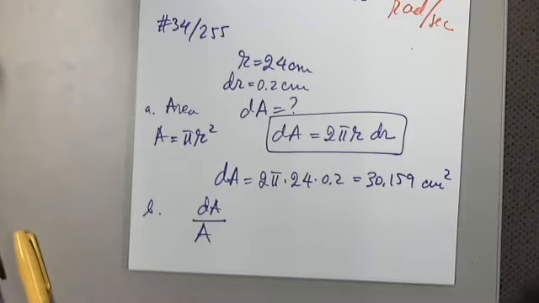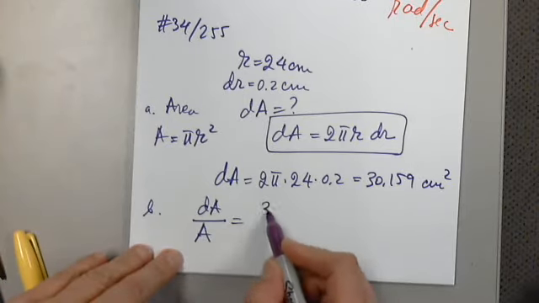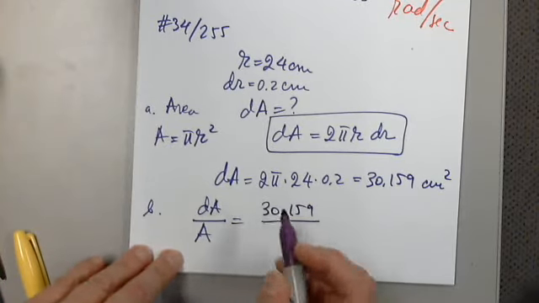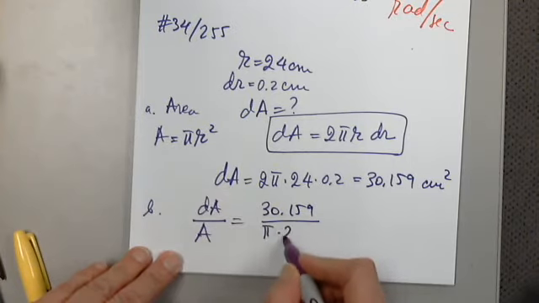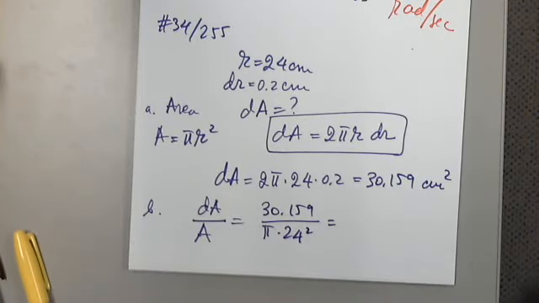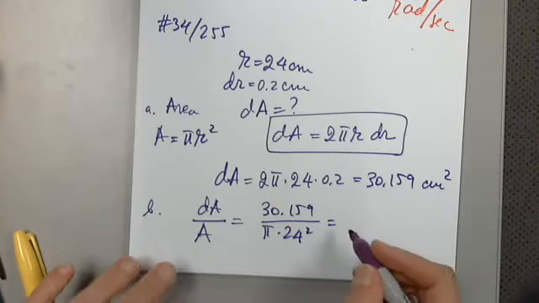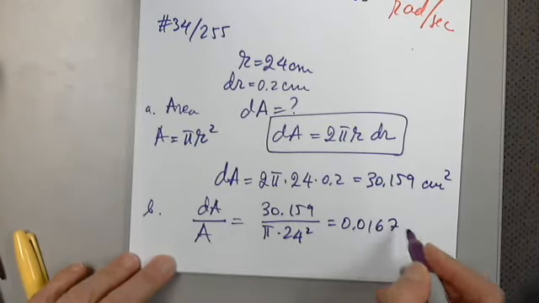Okay? So dA over A, so this is 30.159 divided by pi r squared, pi times 24 squared. So I divide the previous answer by pi and by 24 squared. I got 0.016666, 0.0167.